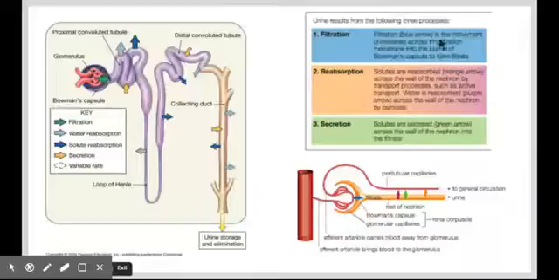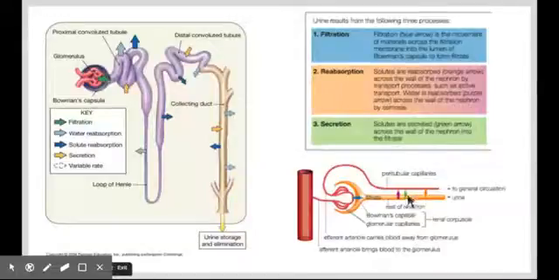This table just explains it again. So filtration here is the movement of materials across the filtration membrane into the Bowman's capsule to form the glomerular filtrate. Reabsorption, which is the orangey section: solutes are reabsorbed across the wall of the nephron by transport processes such as active transport, and water is reabsorbed, which is our purple arrow, across the wall of the nephron by osmosis, and solutes are secreted across the wall of the nephron into the filtrate.